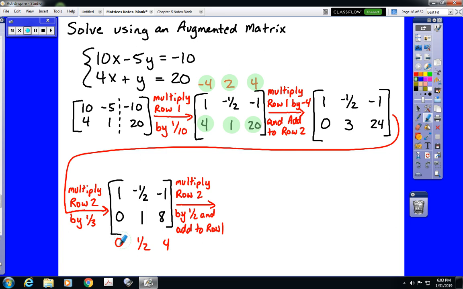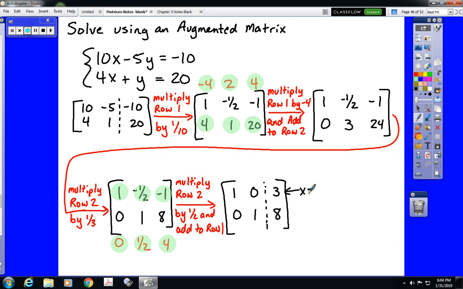And we would be adding those numbers to the first row to create the new first row. So our final augmented matrix step would be 1, 0, 3, and the second row is unchanged, meaning x is 3, y is 8, and our answer is 3, 8.